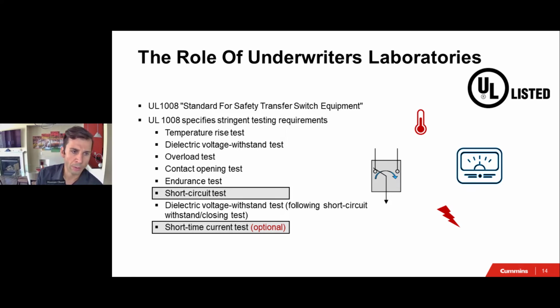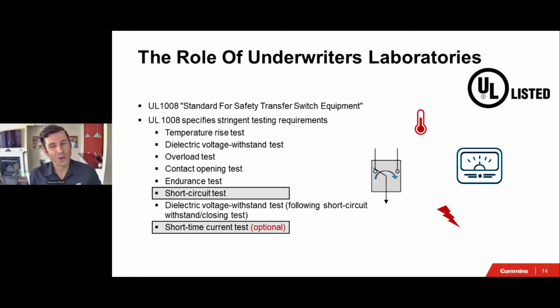There is also an overload test that is done on the transfer switch. And there is a contact opening test where they put the transfer switch through opening and closing the contacts numerous times. The same thing with the endurance test. And the overload test, by the way, I forgot to mention, dictates to the manufacturer a certain power factor at which to carry out that test.